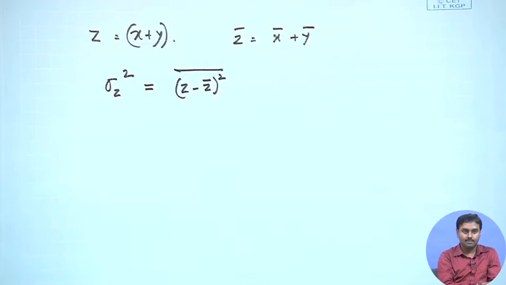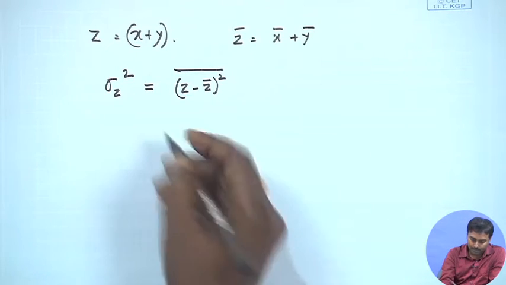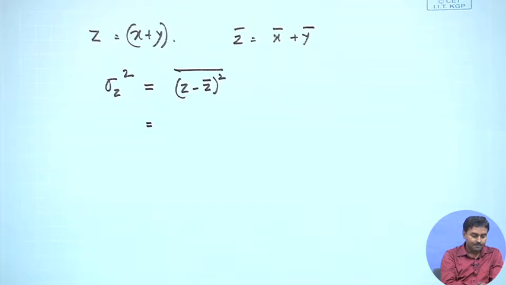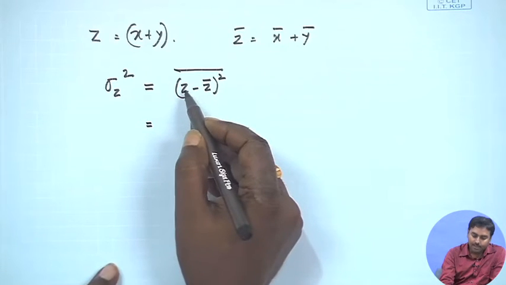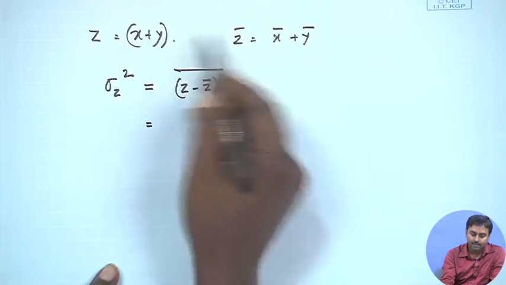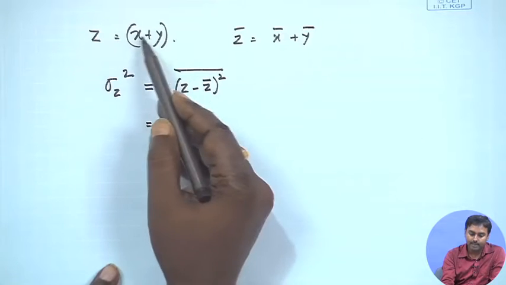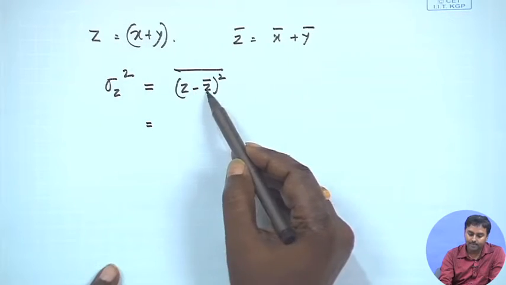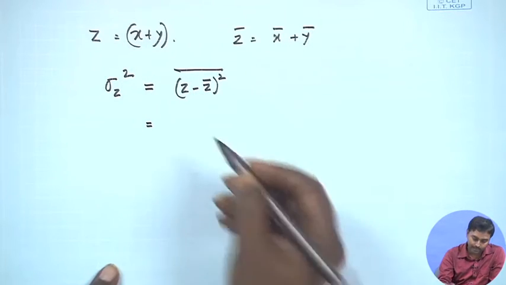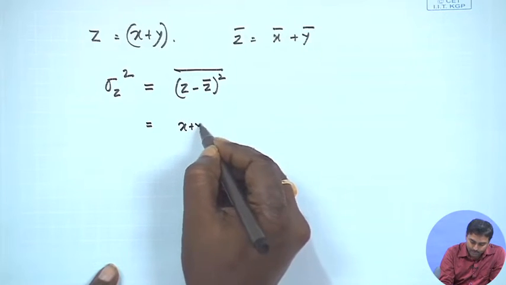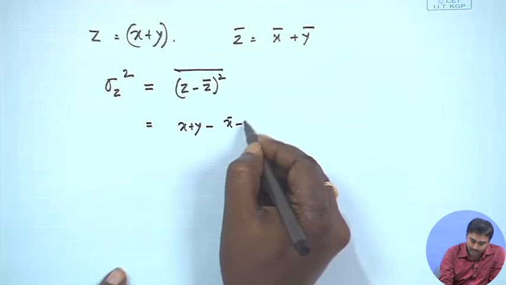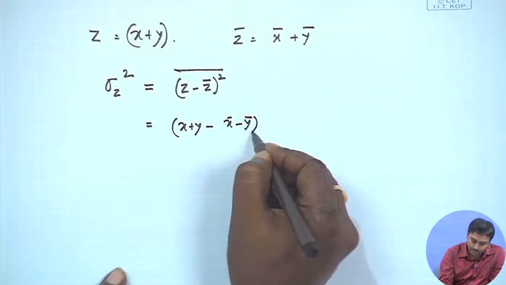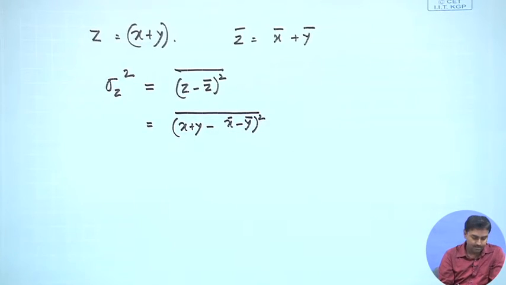So, this is the average of that random variable minus mean, squared. Now, replace z by x plus y and z bar by x bar plus y bar, I can do that. So, this is (x plus y minus x bar minus y bar) whole square, right.